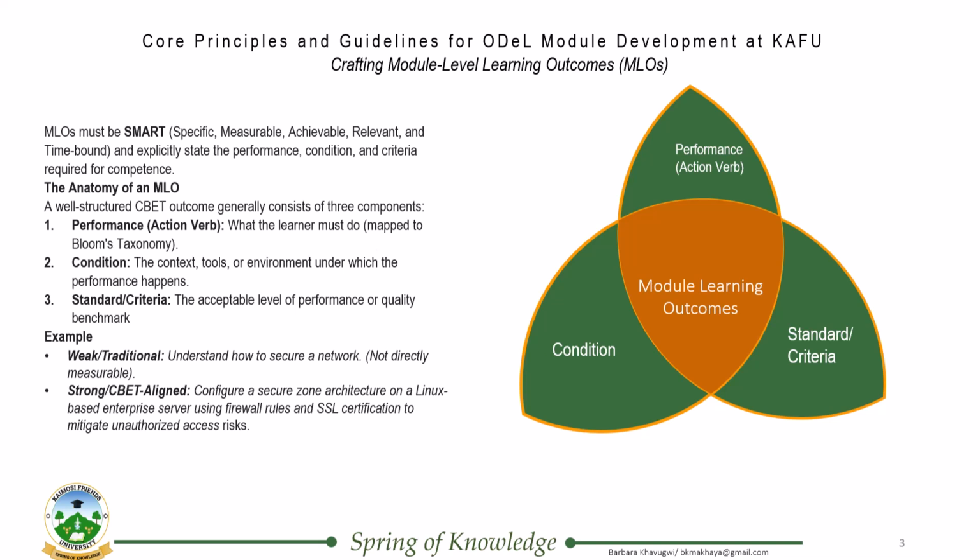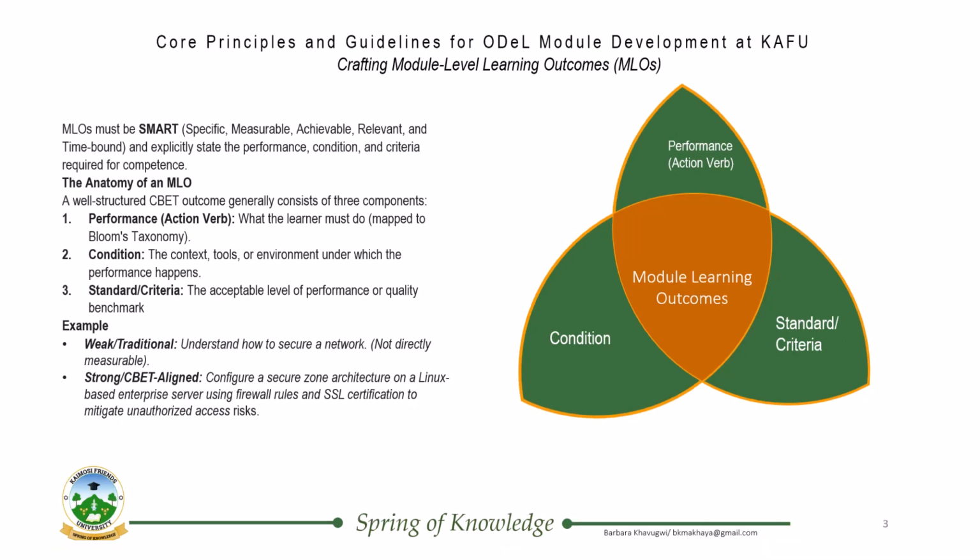When we talk about the action verb, this is linked to Bloom's taxonomy, where we are looking at the proper verb, and the verb should be observable and measurable. So you can look through Bloom's taxonomy and identify the proper verb to use when you are stating your learning outcomes. Of course, it is linked to the cognitive level.